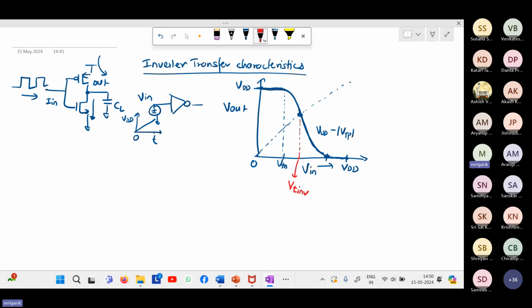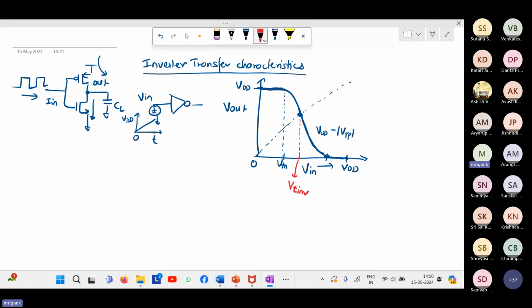There is something called noise margin that you might have studied in the Rabaey chapter. If you have studied the chapter, what is defined as noise margin in this case? Which is the high gain region?